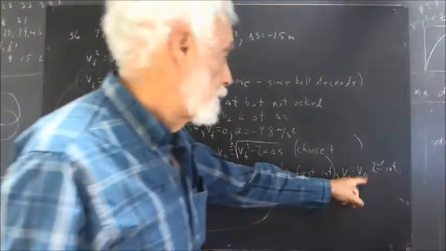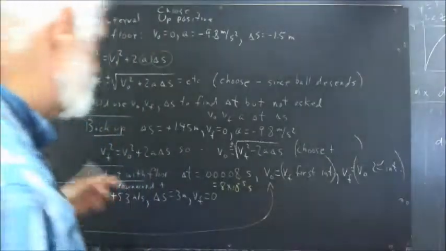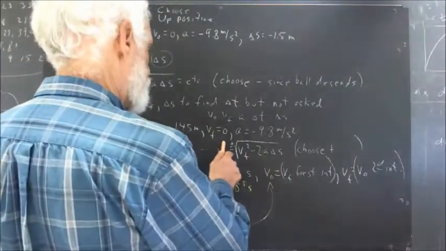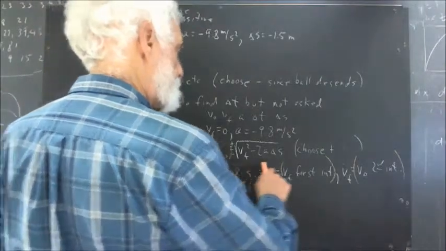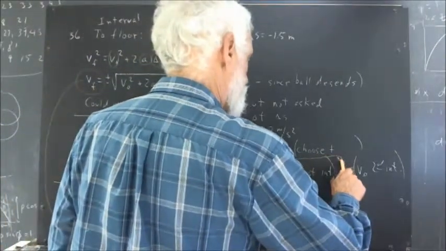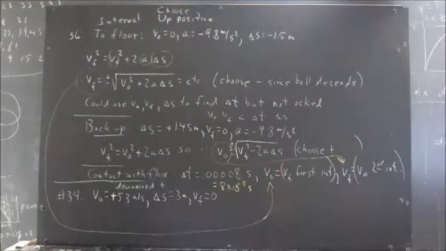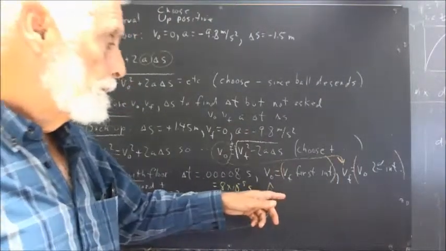The VF for this interval is equal to V naught for the second interval. And that's done here. So this V naught here becomes this VF. Okay?